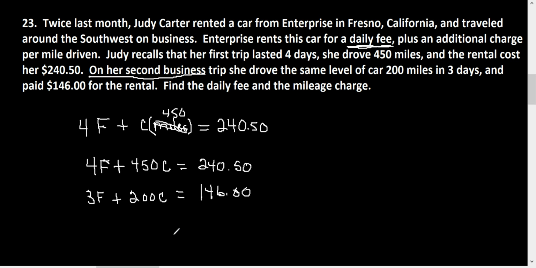Okay? And again, this is what we've got to solve for. So again, I've got this problem here. I don't have multiples of each other. So that means I've got to do that little extra work here, which would be multiply the top by, I'm going to pick on the F's again, multiply the top by 3 and the bottom by 4, and one of them has to be negative.